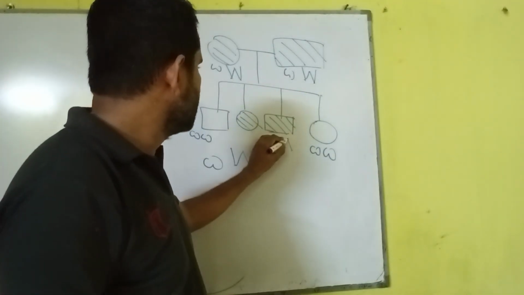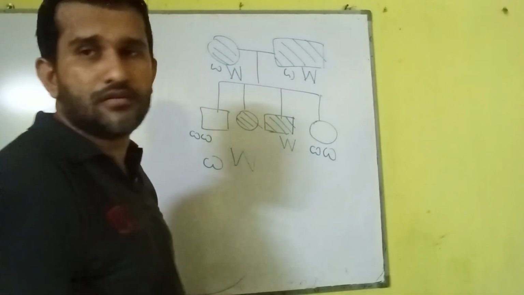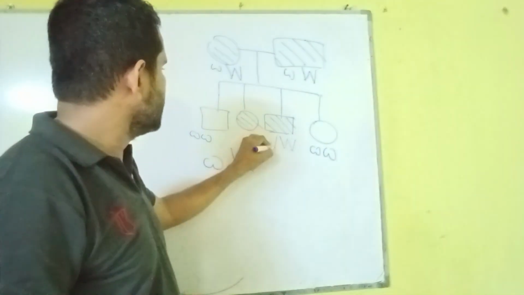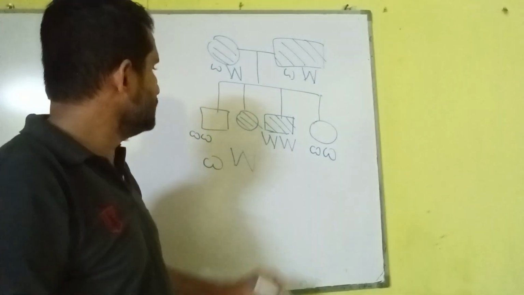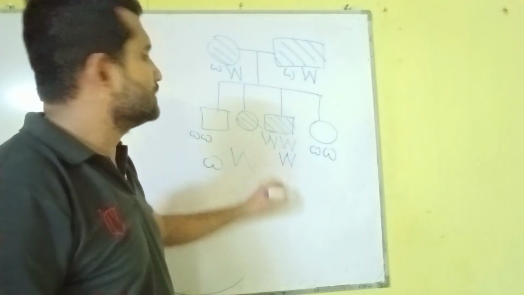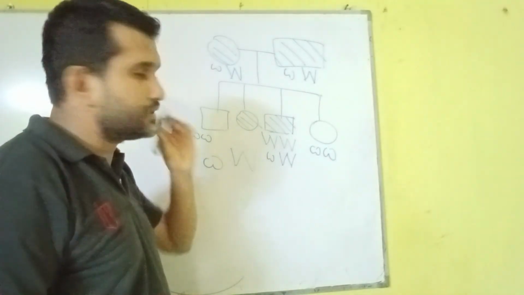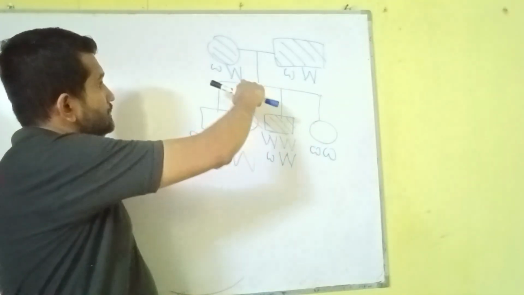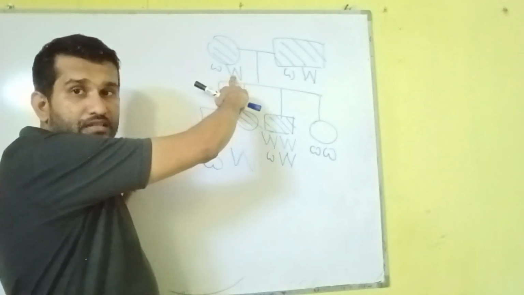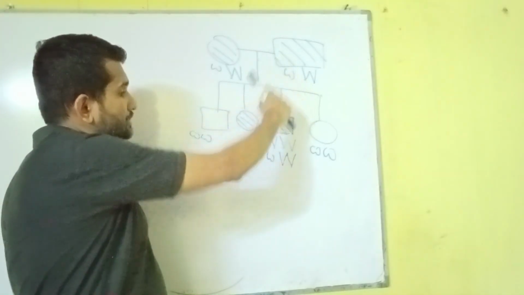the father can donate the dominant allele and the mother can donate the dominant allele, or the father can donate the dominant allele and the mother can provide the recessive allele. Vice versa, the mother can provide the dominant allele and the father the recessive allele.